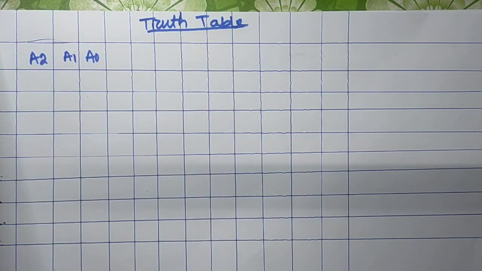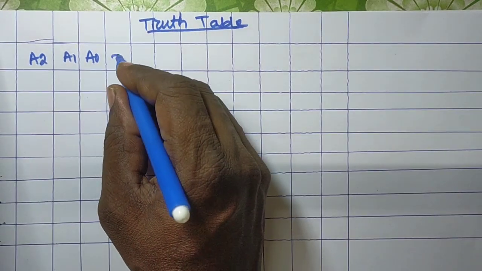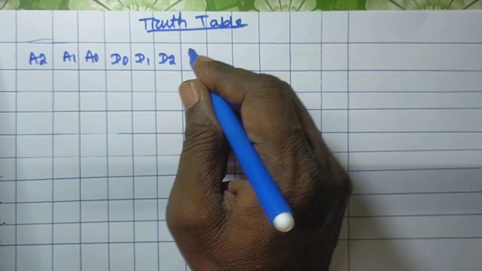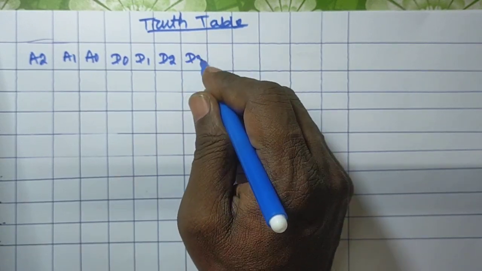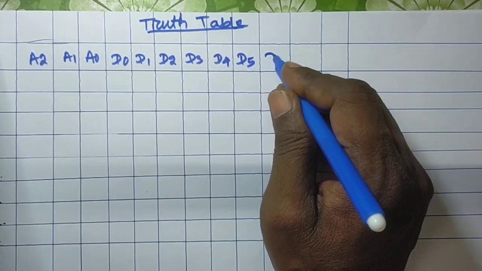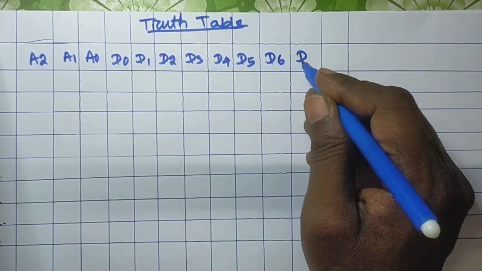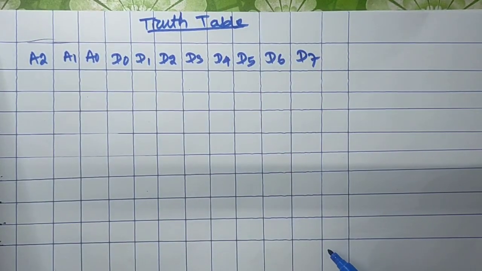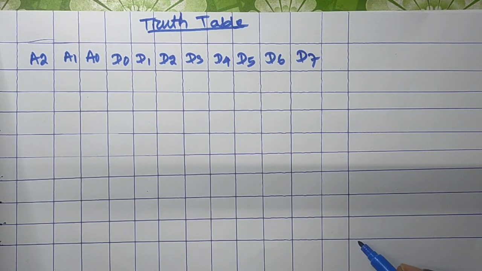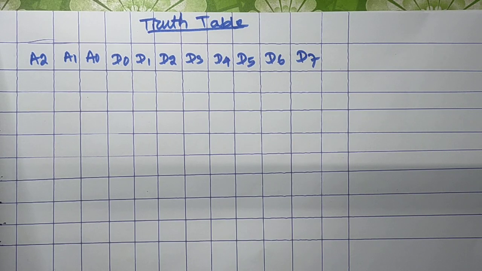A0, A1, A2, and the output will be D0, D1, D2, D3, D4, D5, D6, D7. This output we can get.